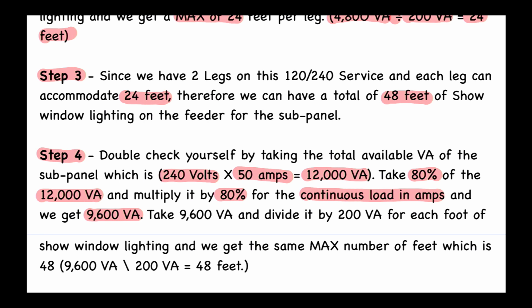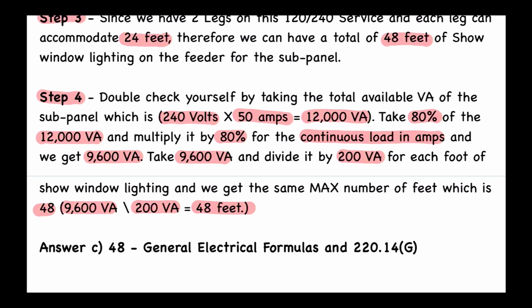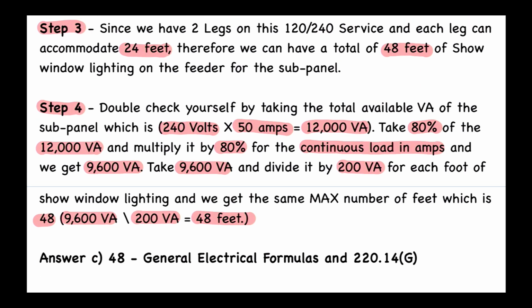Let's take the 9,600 VA and divide it by 200 VA for each foot of show window lighting, and we get the same max number of feet, which is 48. Again, our answer is C, and that's going to be 48.